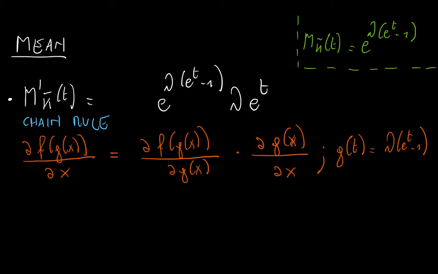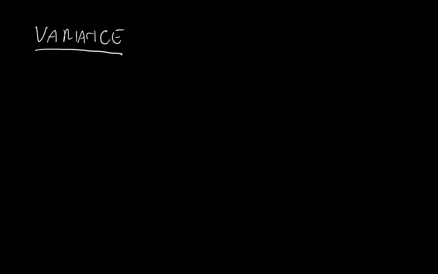Then we have to multiply it by the derivative of the function g with respect to the variable of interest, and in this case it is lambda multiplied by the exponential of t. Then we put t equal to 0. We get lambda, which is the mean of the Poisson random variable, and is therefore equal to the parameter which describes the distribution. Then the second step is to find the variance.